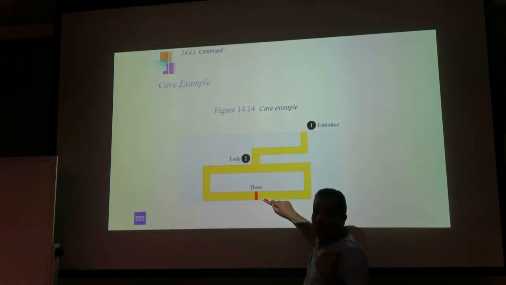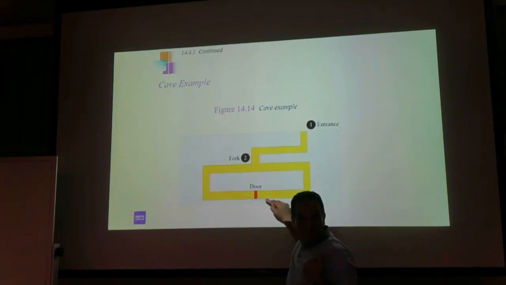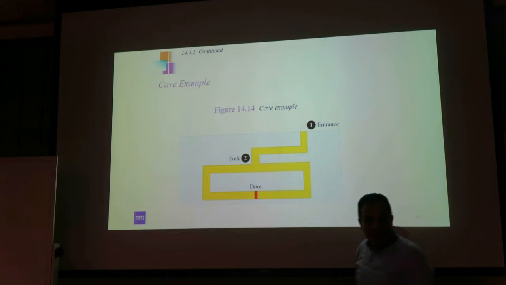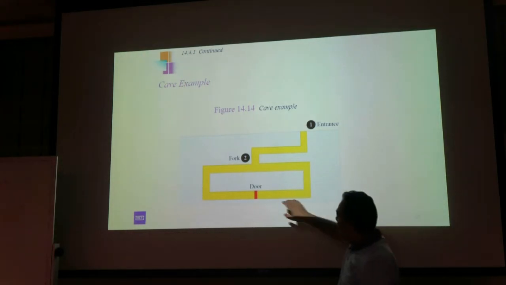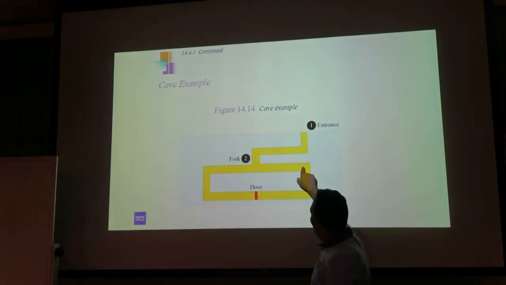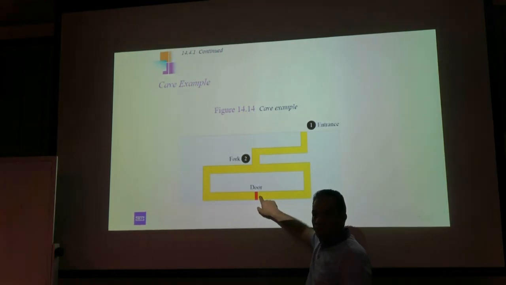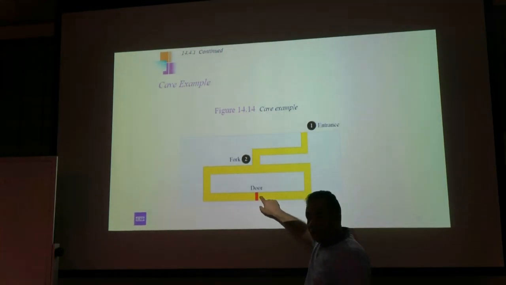If Alice truly has the password, she could go back and forth, right? So let's say that Alice took the right direction and came in here. Let's for a second believe that she has the password.